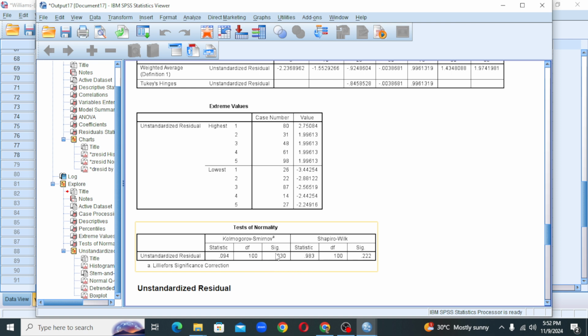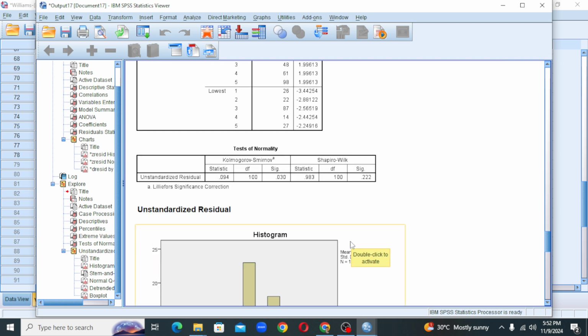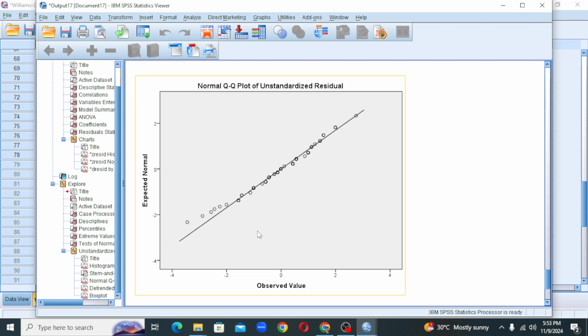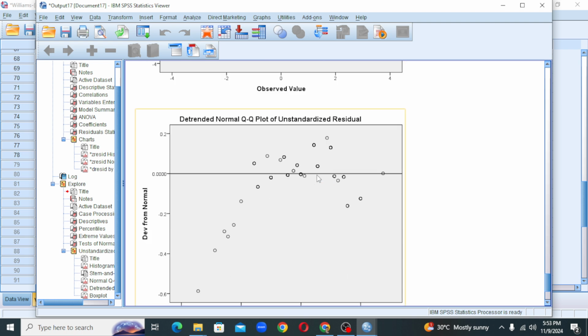We see that this figure is not significant at 10%, and even the SW test is not significant at 10%. So with that, we can assume residuals are normally distributed. Even those are depicted here in these graphs as well.